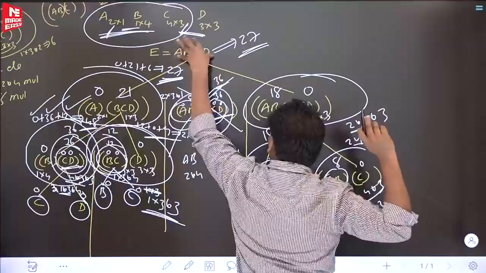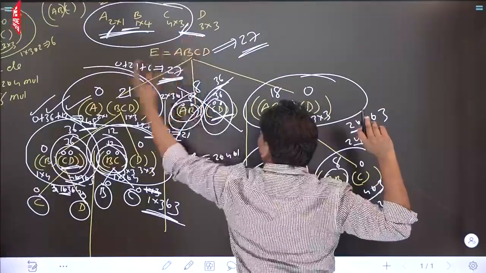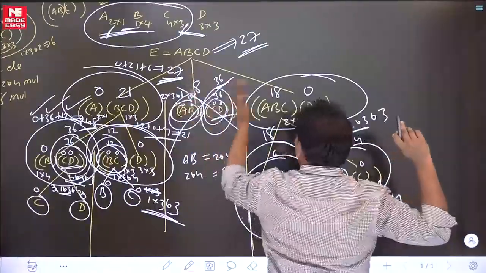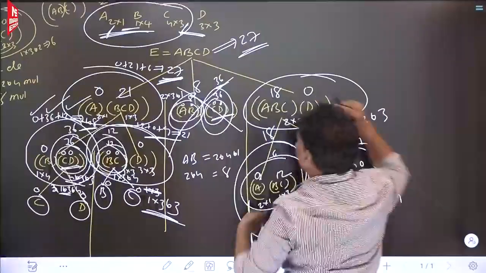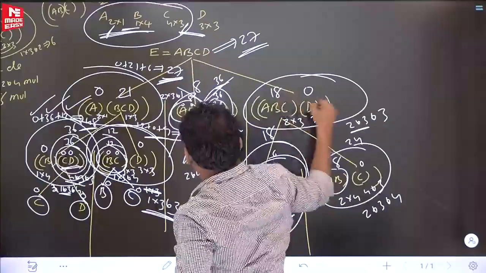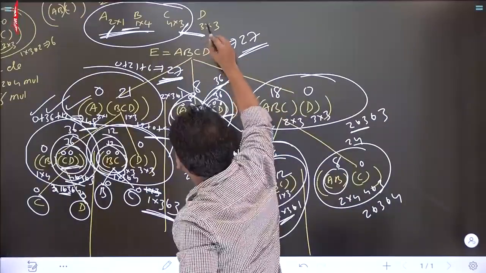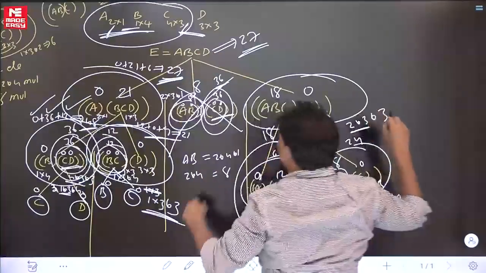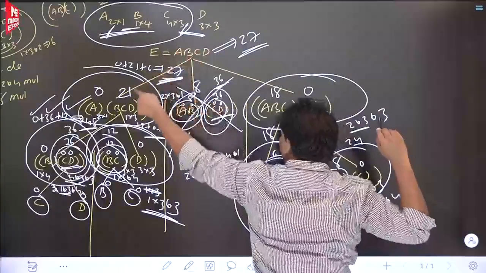Suppose here 9 matrices are there: first 1 remaining, first 2 remaining, first 3 remaining, so 9 ways will come. If here 4, 3 ways. If here 5, 4 ways. If here 10, 9 ways are there. Suppose n matrices, n minus 1.